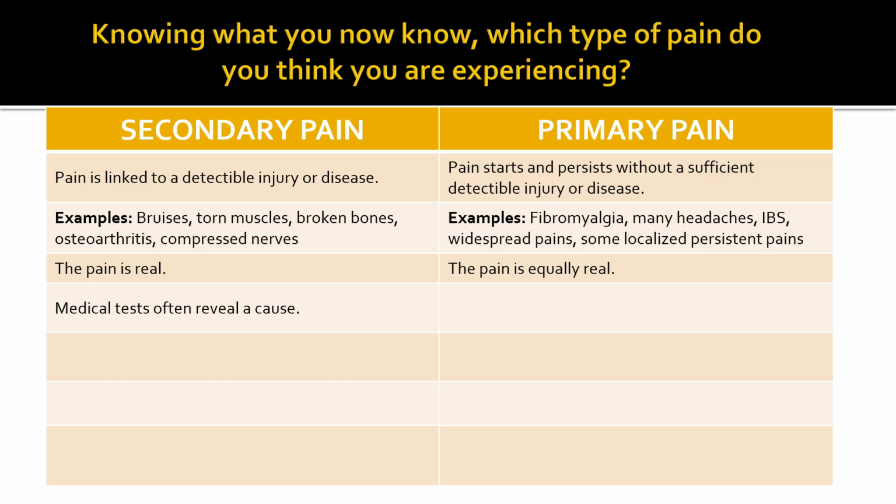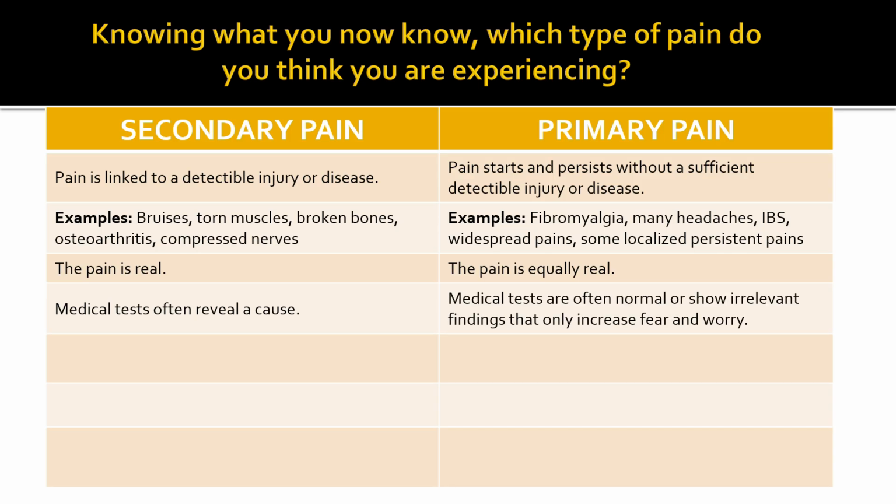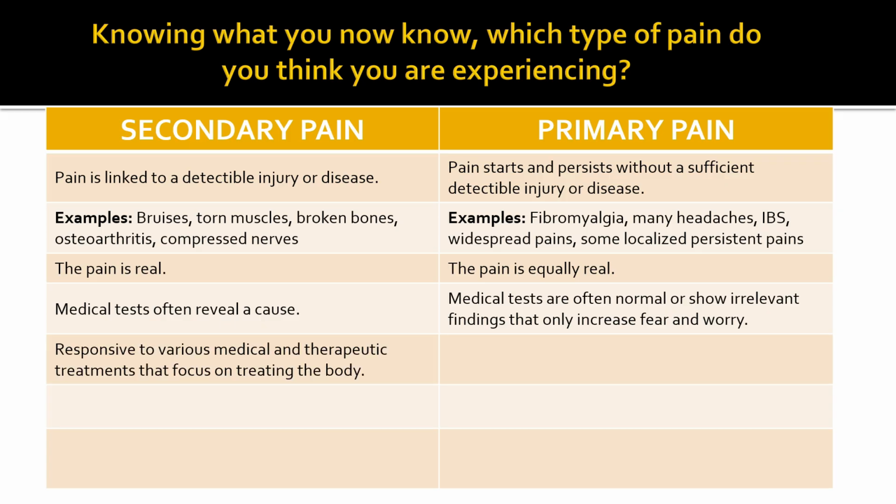When it comes to secondary pain, medical tests often reveal a cause. However, in primary pain, medical tests are often normal or show irrelevant findings that only increase fear and worry. Secondary pain is responsive to various medical and therapeutic treatments that focus on treating the body.